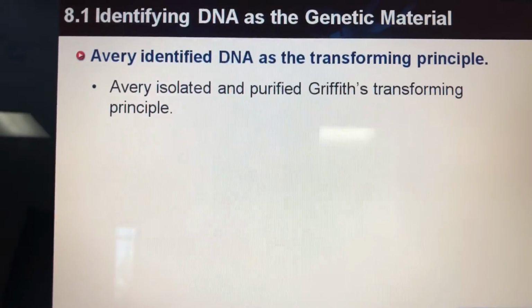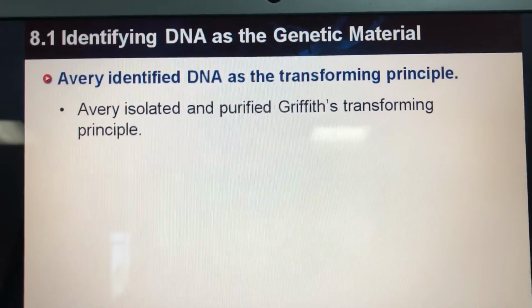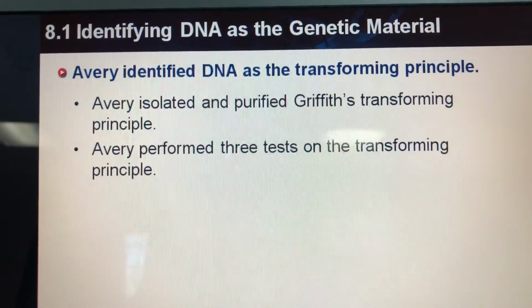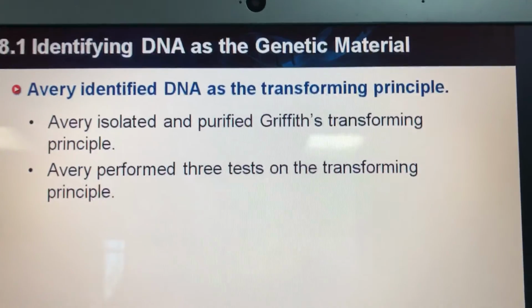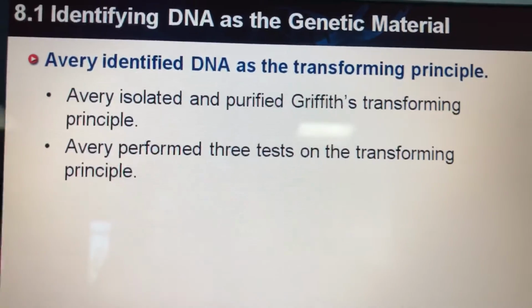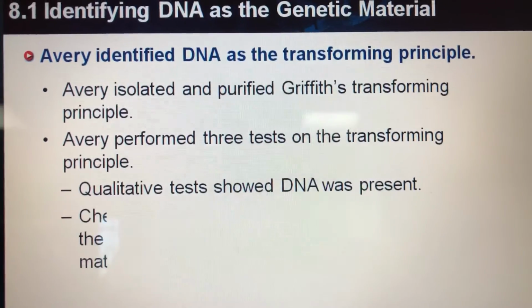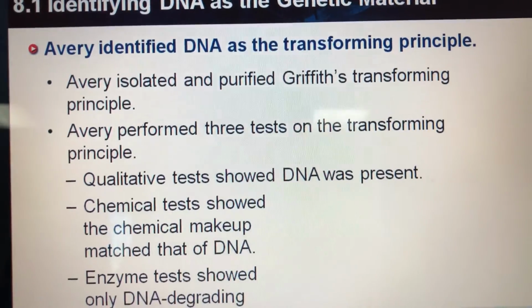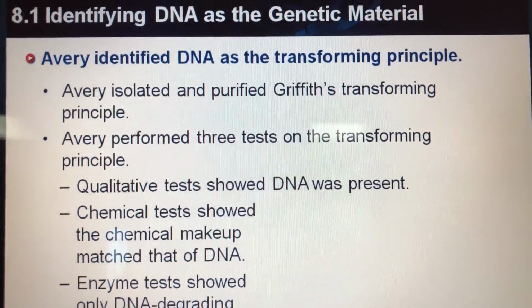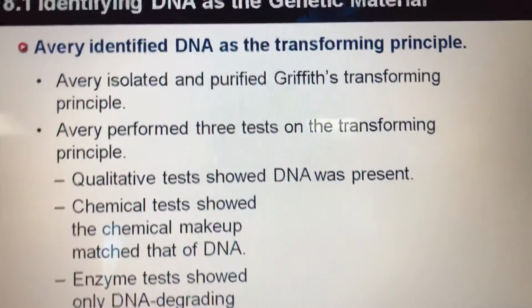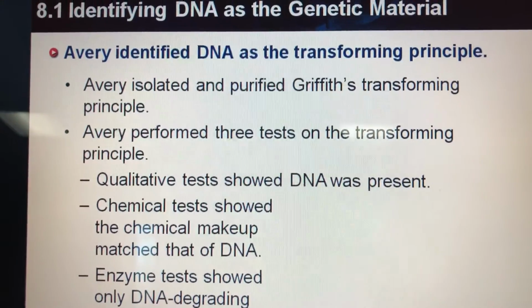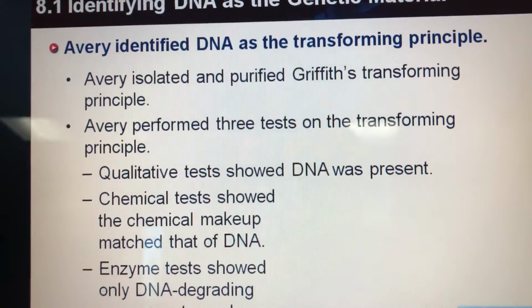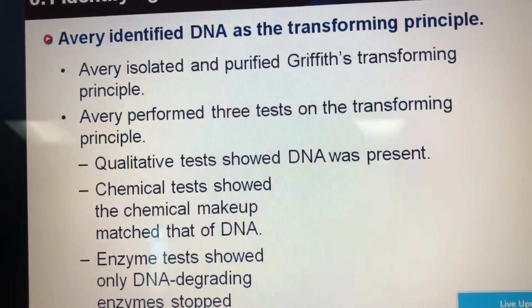After Griffith, Avery and his colleagues made experiments to identify this transforming material, or transforming principle. After their experiments, they concluded that this transforming principle is DNA. What did they do? They took the S strain, okay, harmful, and they separated the components, each component alone.